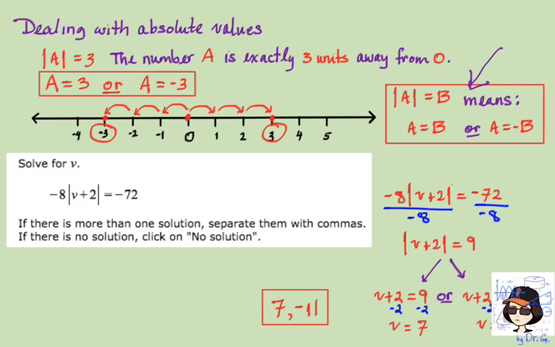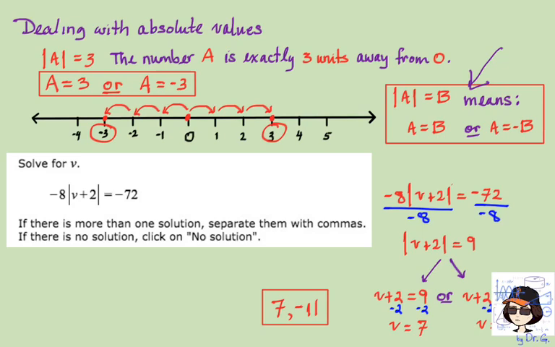So remember that we had to first isolate the absolute value, and then we had to use that concept that I put in the box. The absolute value of a real number A is equal to a positive real number B just means that A is equal to B or A is equal to the opposite or the negative of B.